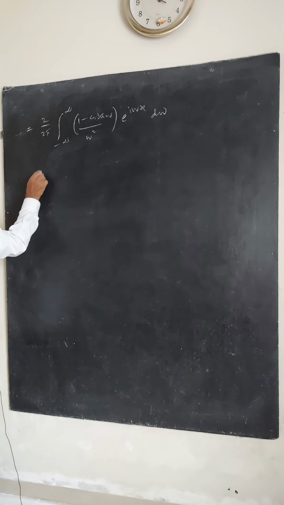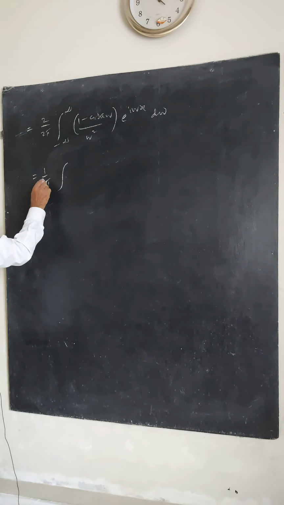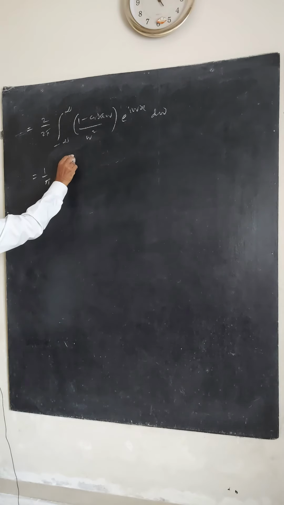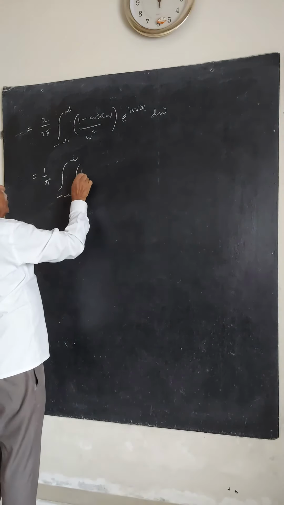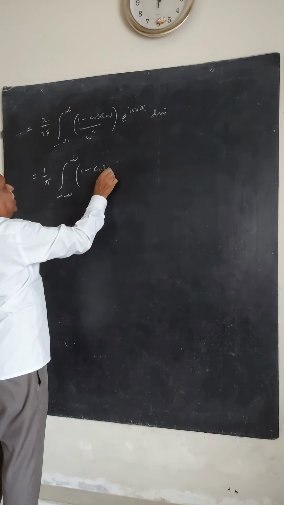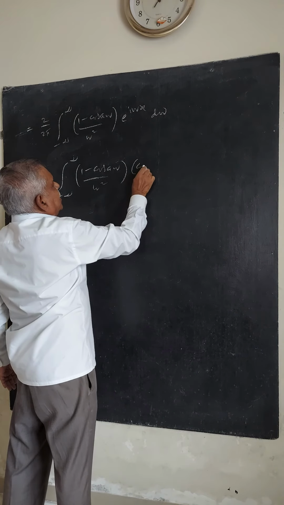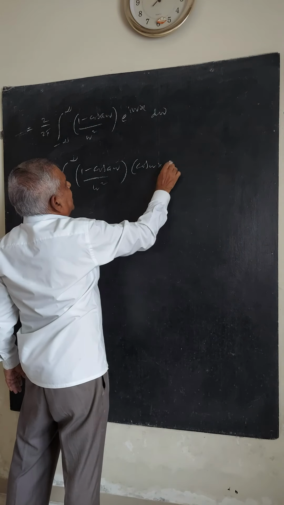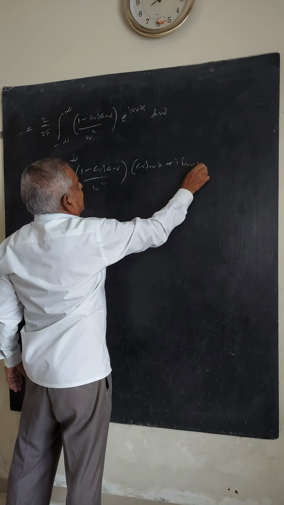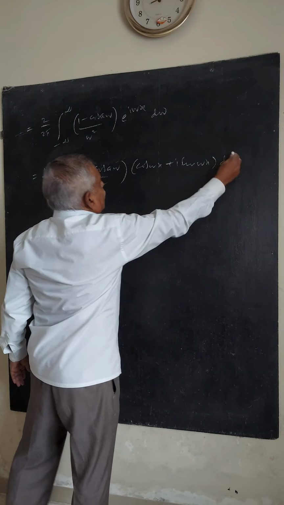Two gets cancelled. 1 by pi, minus to plus infinity, (1 minus cos a omega) by omega square, (cos omega x plus i sin omega x) d omega.